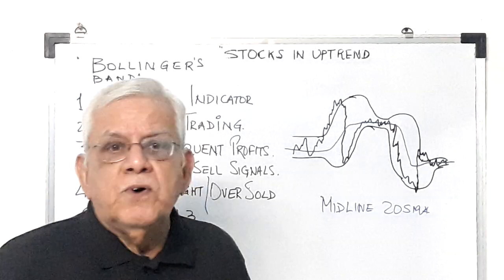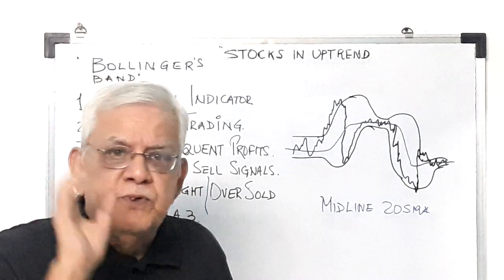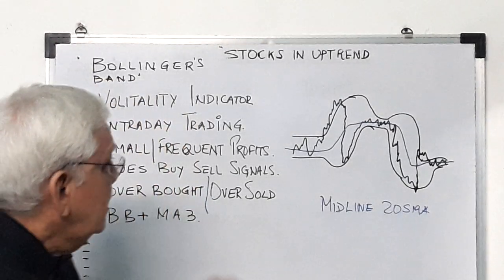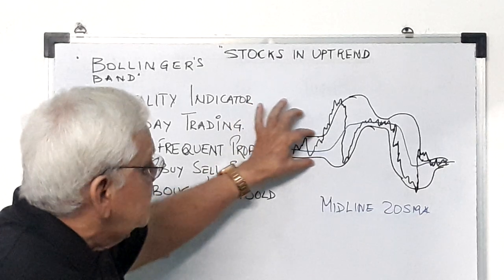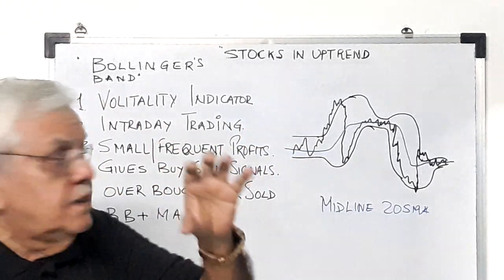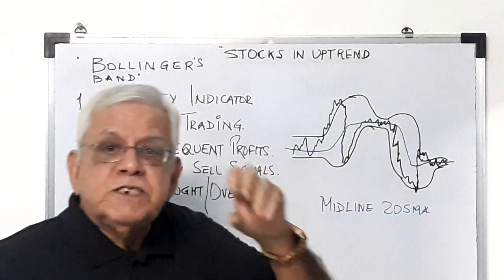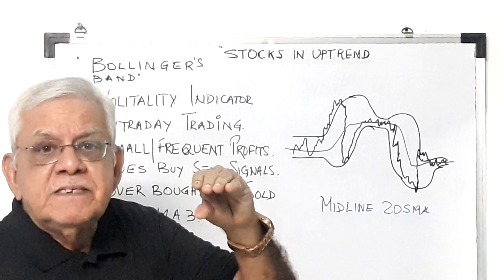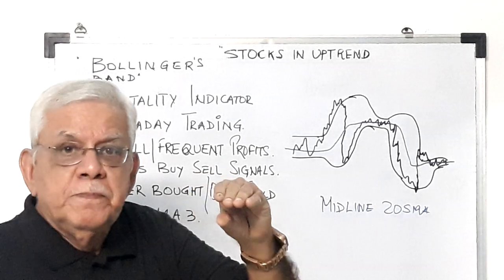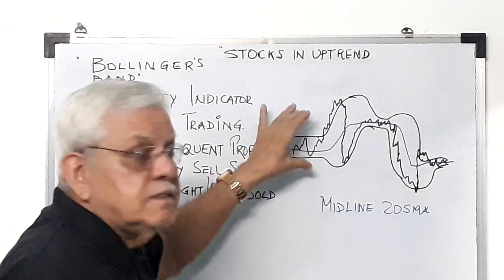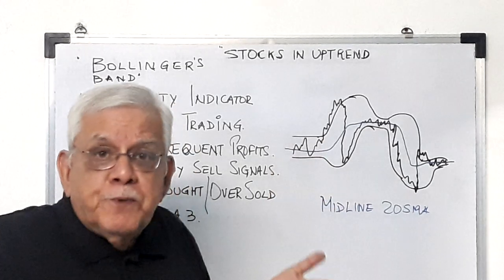This also is already in your software. You don't have to do anything. Now this band is known as the squeezed position. It means the band is normal and there is no volatility here. You can say these are the supports.